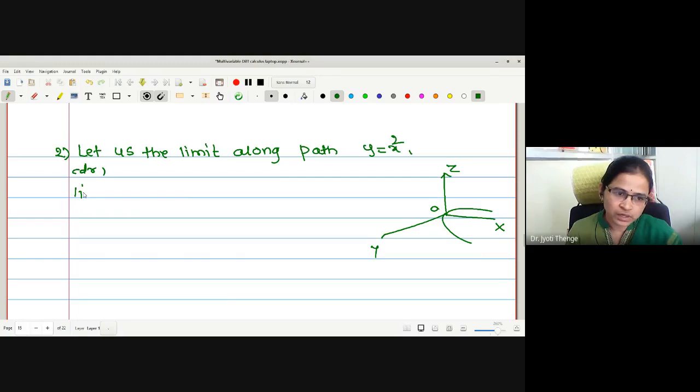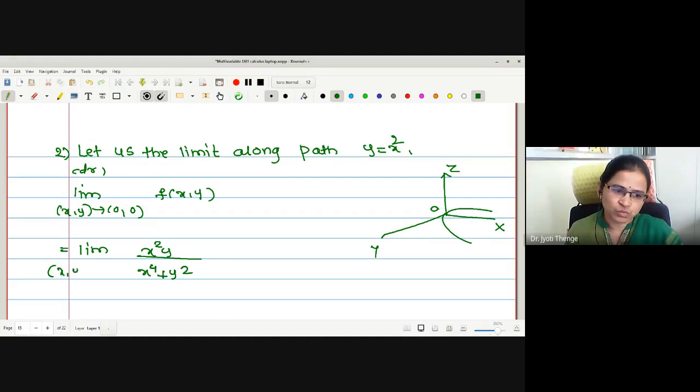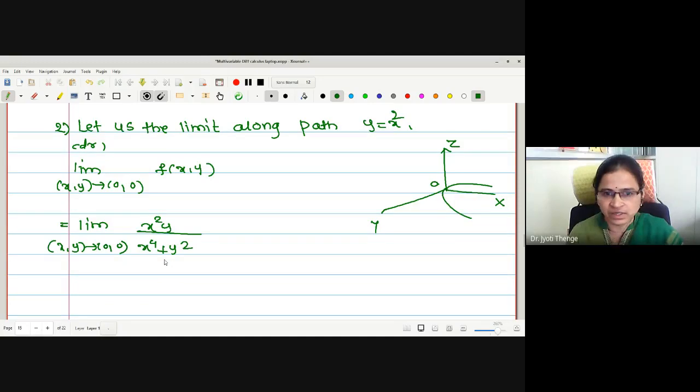Consider limit (x, y) tends to (0, 0) of f of (x, y). What is f of (x, y)? This is x square y upon x raised to 4 plus y square. No doubt (x, y) tends to (0, 0). Now which path have we selected? y equal to x square.